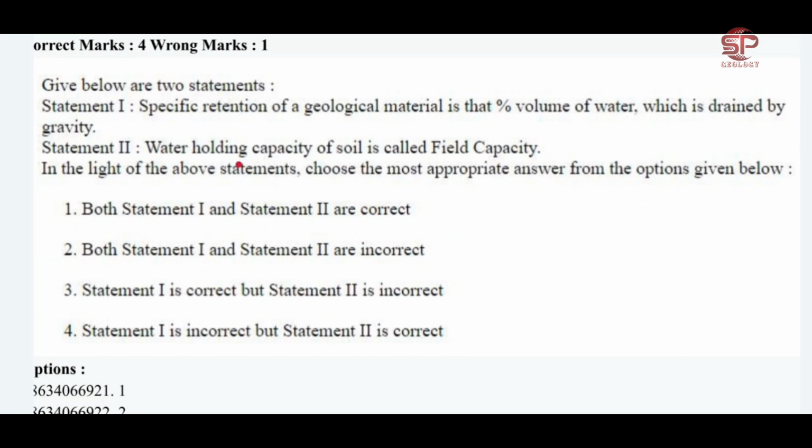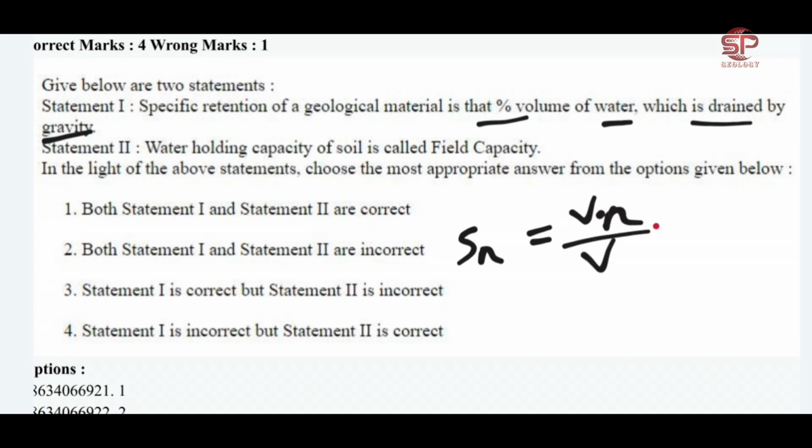Of the two statements given, one is that specific retention of a geological material is the percent of volume of water which is drained by gravity. Actually, specific retention is the volume of water retained after draining of water by the influence of gravity. So this will be incorrect, because specific retention is the retained volume, and what is drained out by gravity is specific yield.